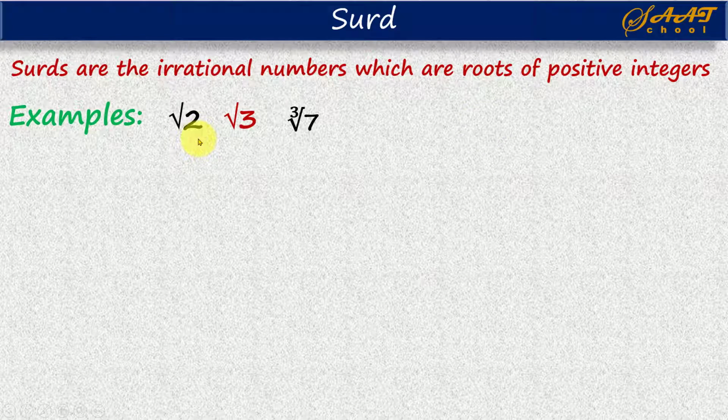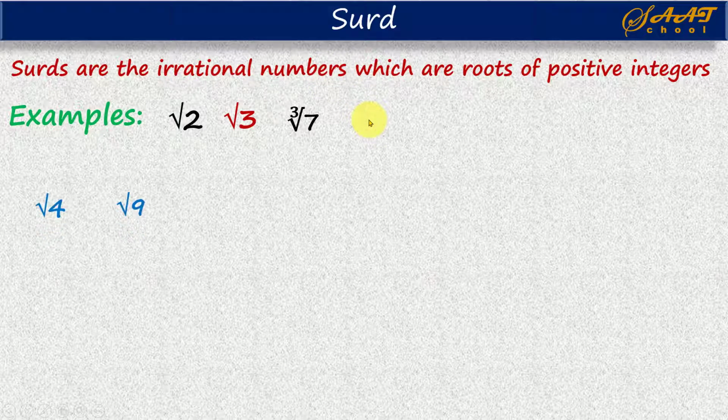Now here this 2, 3 and 7, all these are positive integers. If you find the value of all three, then you will get a decimal which is non-terminating as well as non-repeating. So they are irrational numbers.